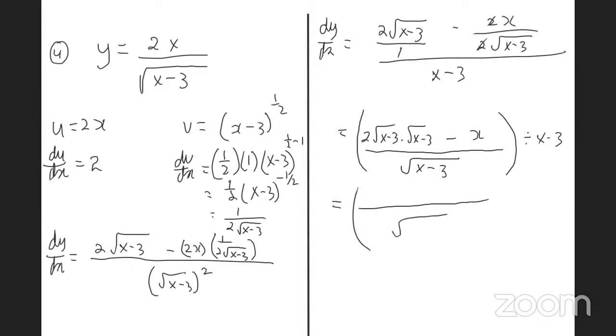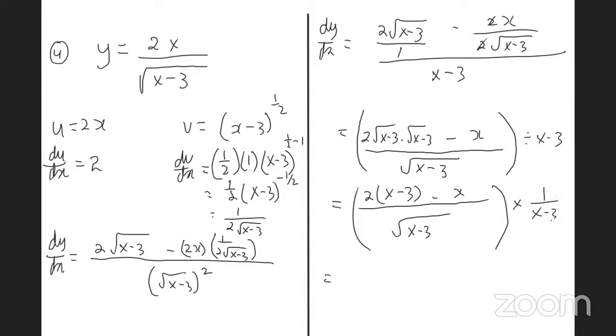So underneath here is x minus 3. Your numerator, what is the square root of x minus 3 by the square root of x minus 3? That'll just be x minus 3, nice, minus x. Instead of divide here, I'm going to put multiply.